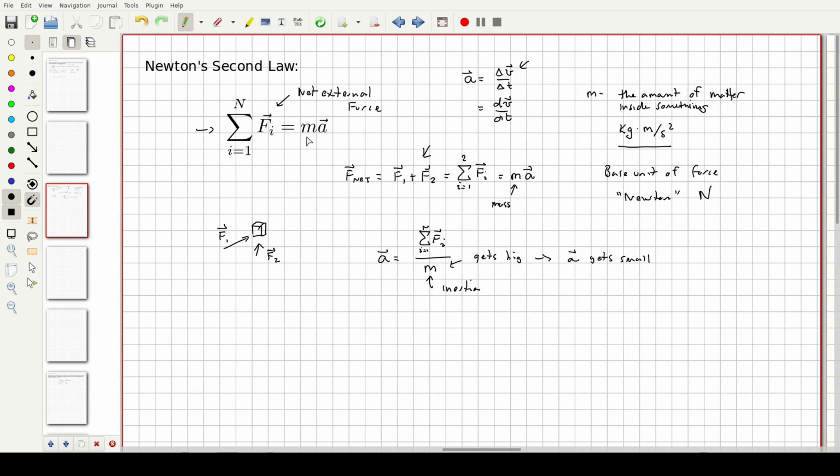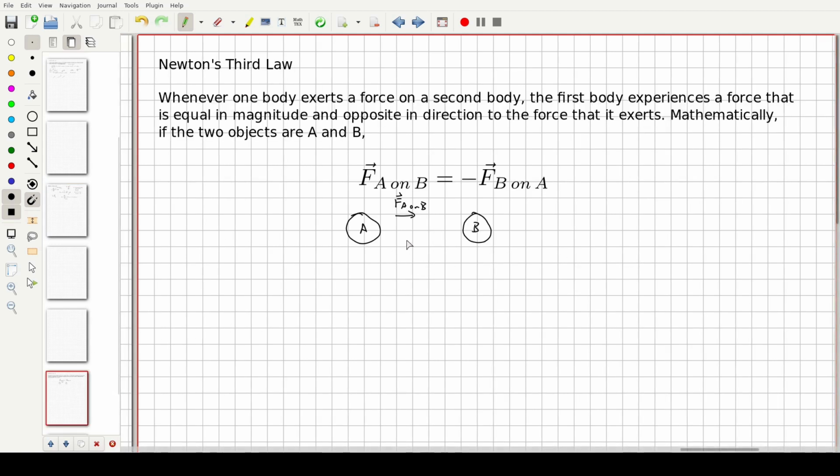Well, remember, this thing is fighting its inertia to get it to accelerate. So as a consequence, because it's fighting the inertia, there is a force back on A, okay, that's equal to the force that A is exerting on B. So that's what this says, is the forces are equal but opposite direction.